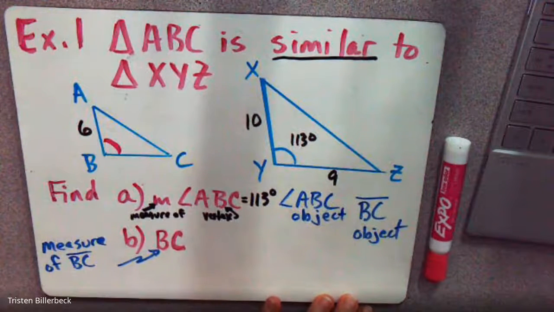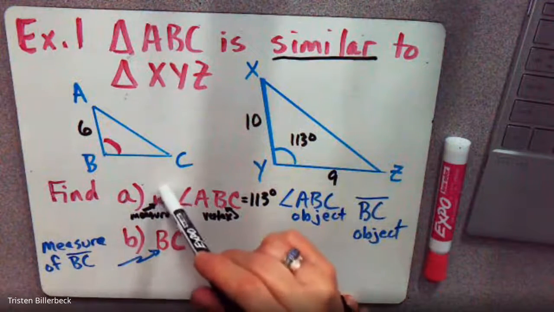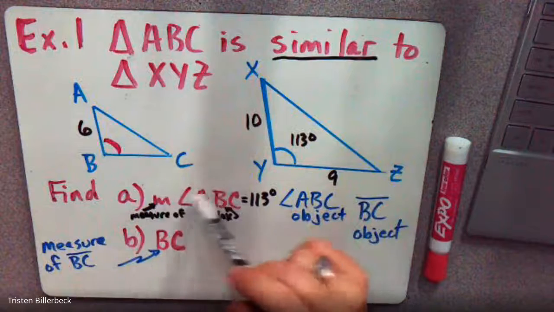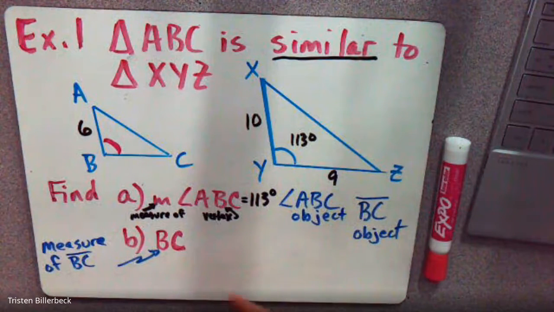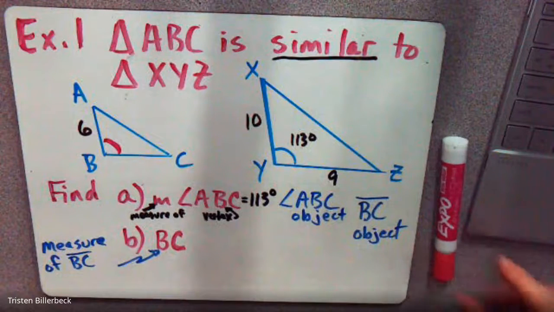That's a measurement. So just like this M is for an angle, which says we're looking for a measurement now, not just an object comparing to another object. Okay, this is saying I want a numerical value, not just we're saying that object looks the same as the other object. We need a numerical value for this now.